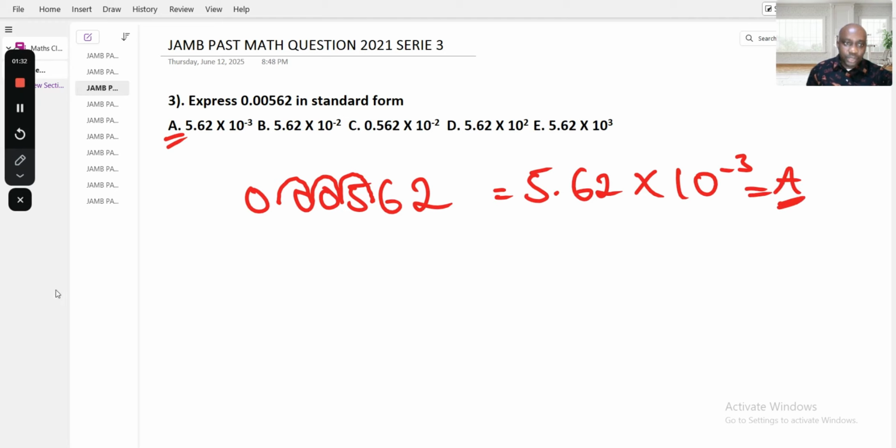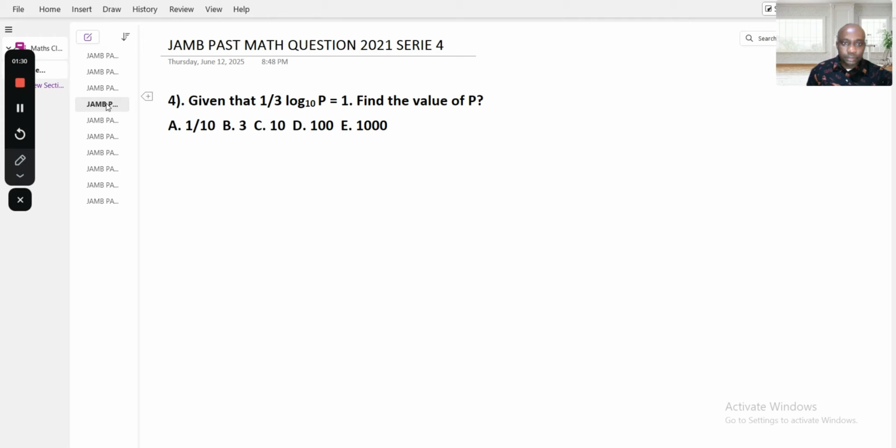Let's move to the next question. Given that 1 over 3 log P equals 1, find the value of P. Let me write out the question. 1 over 3 log base 10 of P equals 1.